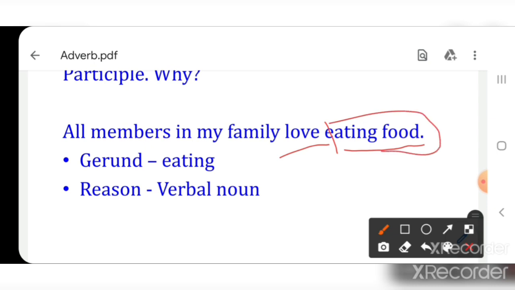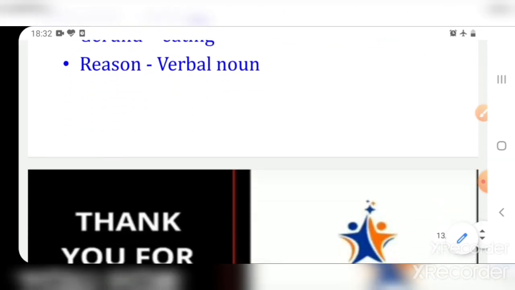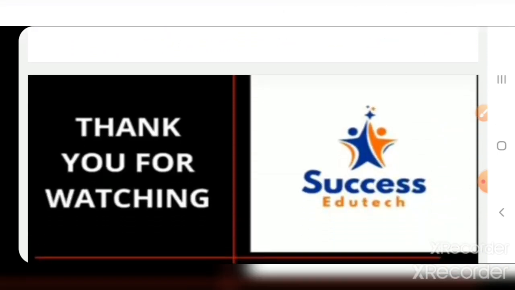Though it is not a main verb, it possesses the properties of a verb, that is taking an object with it, but it is acting as a noun, thus it is a gerund. So in short, I have told you what is gerund. So with this we have completed adverbs, its definition, types, the quick test, and answer to the last question.